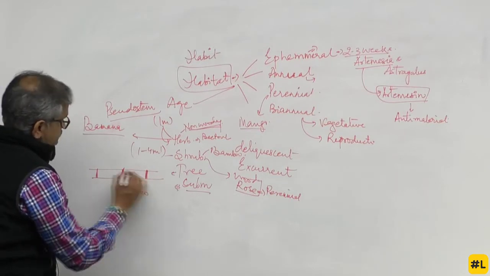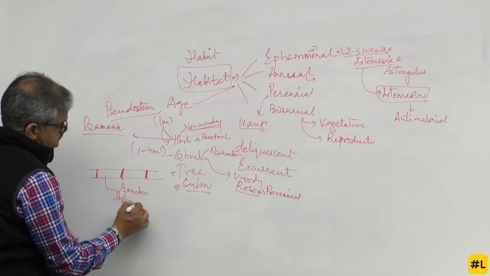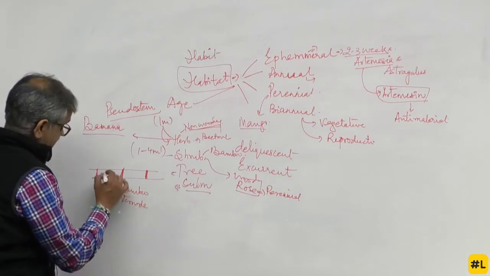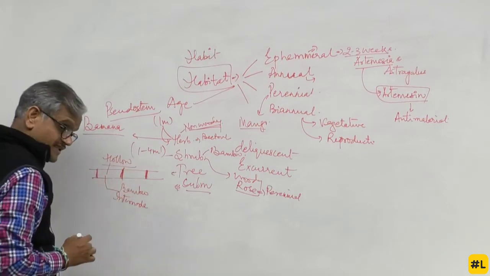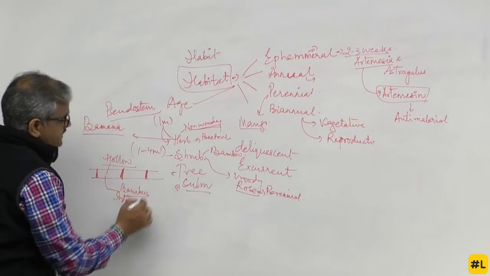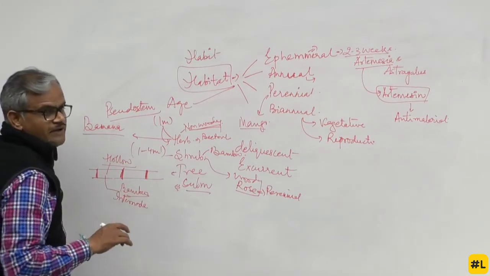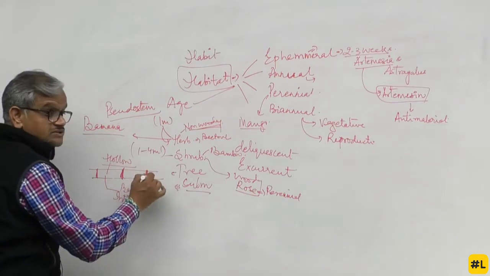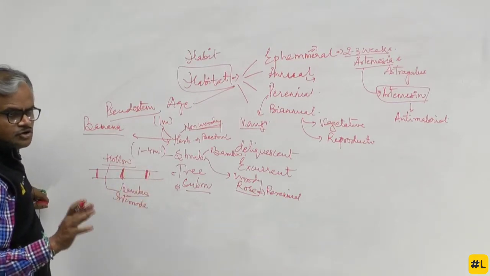Bamboo has nodes, and this is the internode. I told you internodes are hollow, and when they are hollow internodes, it is called bamboo. Whereas in sugarcane, it has nodes, but they are not hollow.